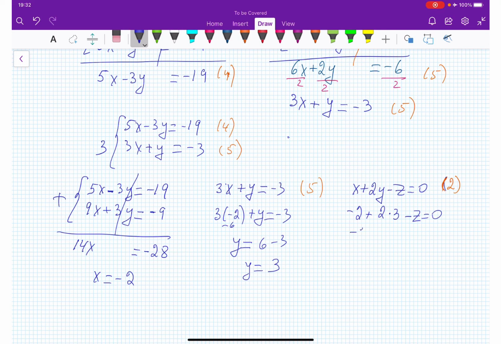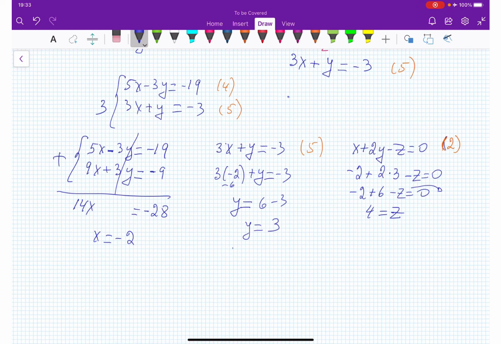So negative 2 plus 6 minus z is equal 0. 4 is equal z. I moved negative z here, got positive z. So we got negative 2, 3, and 4. All right?